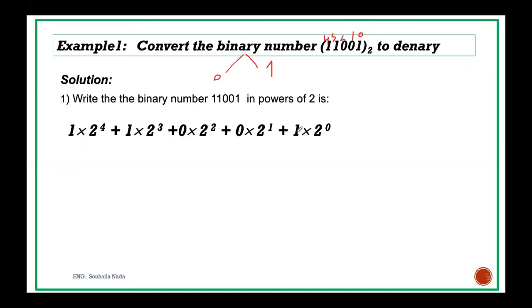The 0 digits are cancelled. Focus only on the powers of 2: 1 plus 8 plus 16 equals 25. In the exam, with no calculator, it's 25.